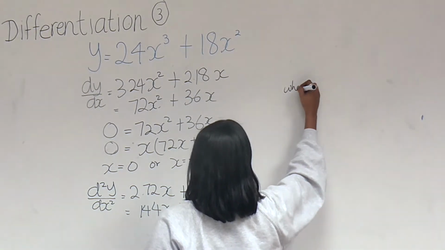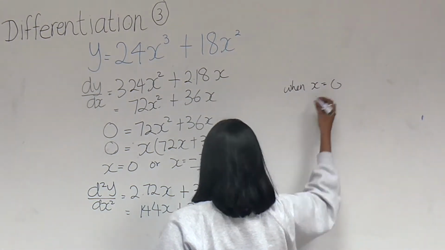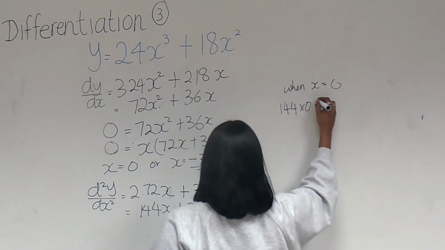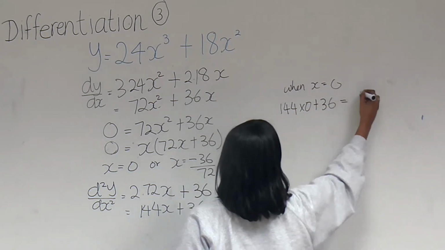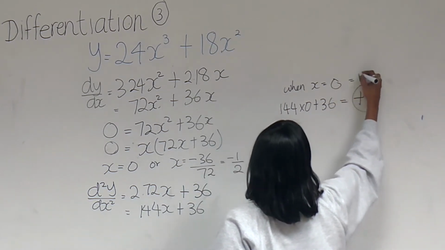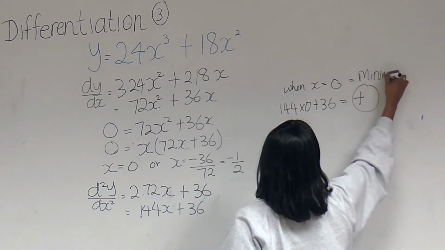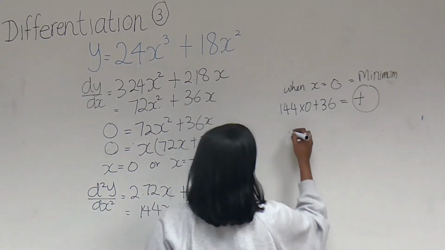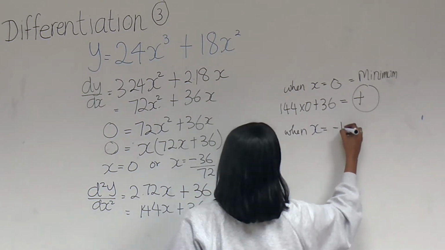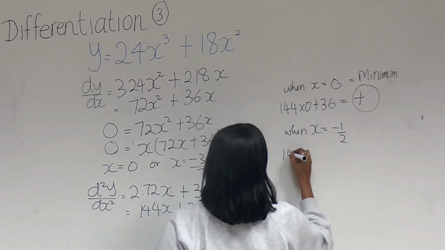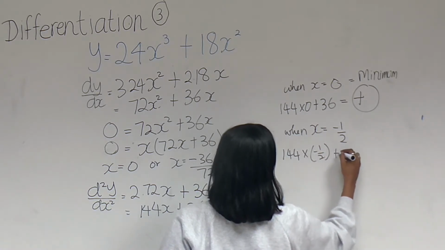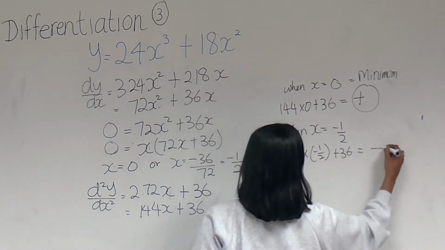So when x equals 0, our second derivative, 144 times 0 plus 36, is going to be positive, which means that at x equals 0 it's a minimum. And when x equals negative half, 144 times negative half plus 36 is going to be negative.